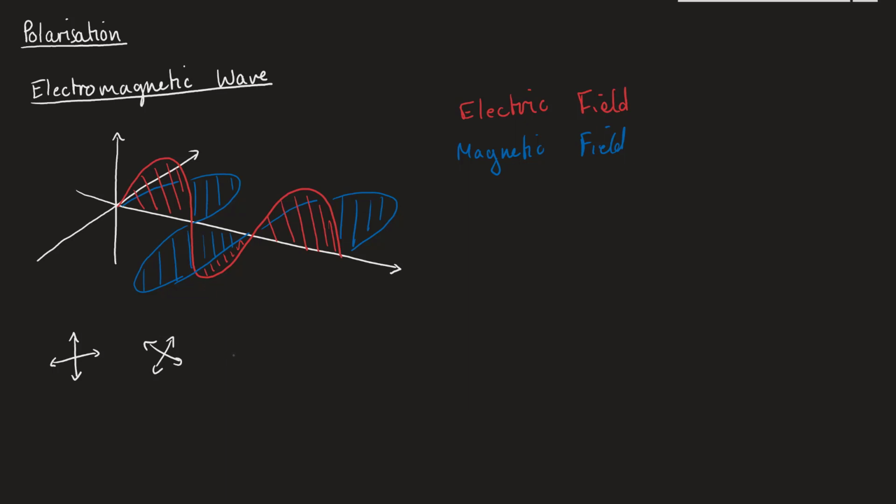I could then rotate it even more and keep going around, so it doesn't really matter which one is the electric and magnetic field. But what we can do is say that if we're going to send out a bunch of light into something, then it's oscillating in all planes. Okay, so light generally oscillates in all planes.